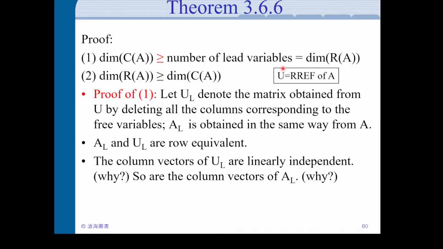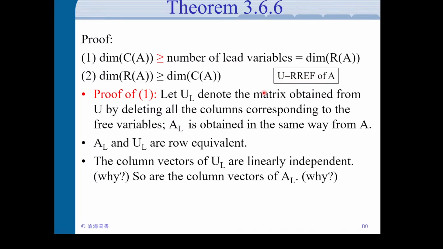From those 2 inequalities together, we know that these 2 dimensions must be equal. To prove this, we start with our favorite thing: we do our Gaussian elimination and we get our REF. So we have some REF, U equal to the REF of A.